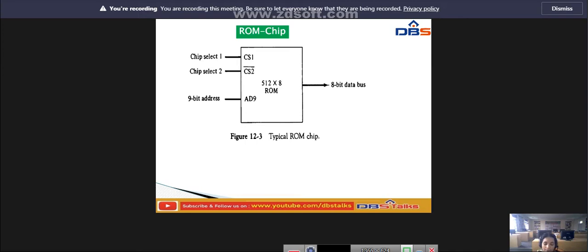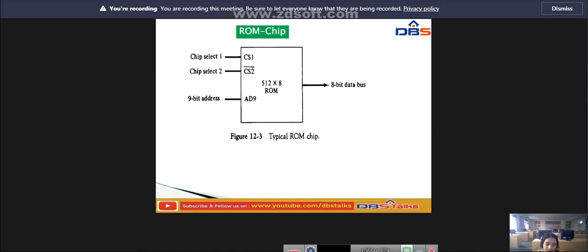Coming to the RAM, RAM is used for storing the bulk of programs and data that are subject to change. Coming to the ROM, ROM is used for storing the programs that are permanently resident in the computer and don't change. In the RAM, whenever the power is off, the complete data will be destroyed.